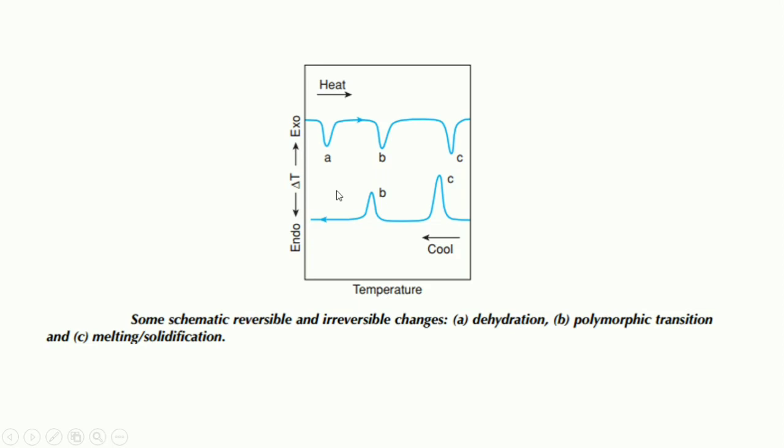Subsequently, the dehydrated material undergoes a polymorphic transition, which is also endothermic, shown as B at some higher temperature.